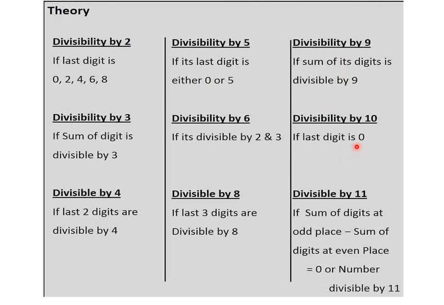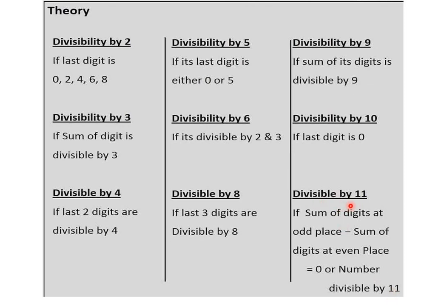For the test of divisibility by 10, we need 0 at the units place. For 11, if the sum of the digits at the odd places and the sum of the digits at the even places are subtracted, we must get 0 or a multiple of 11. Then we can say that the given number is divisible by 11.